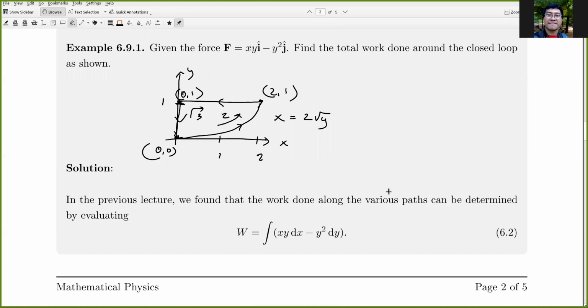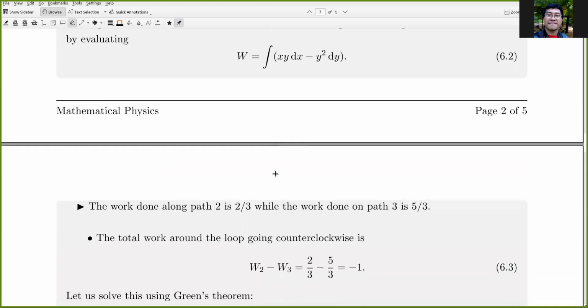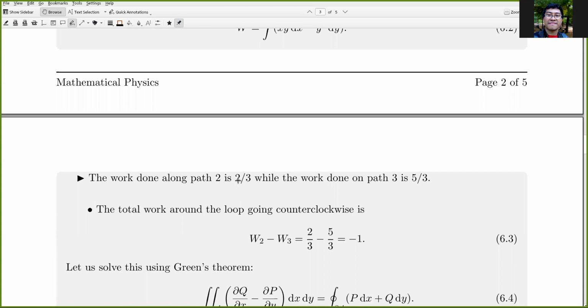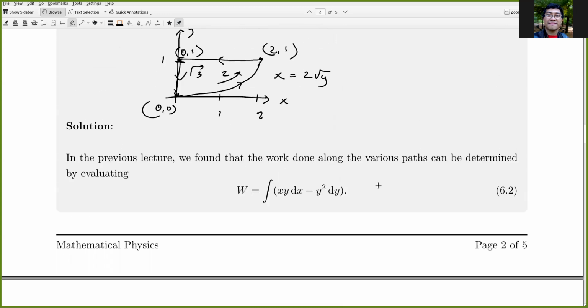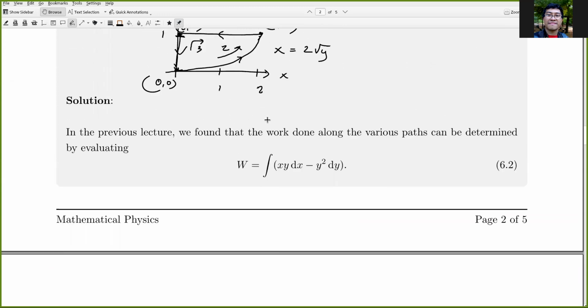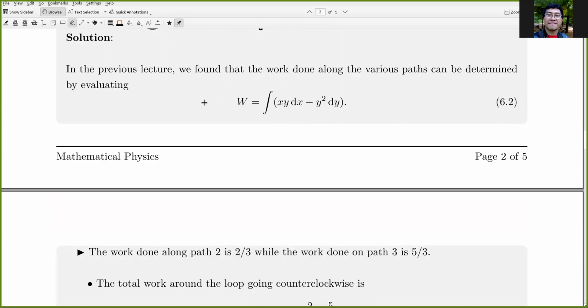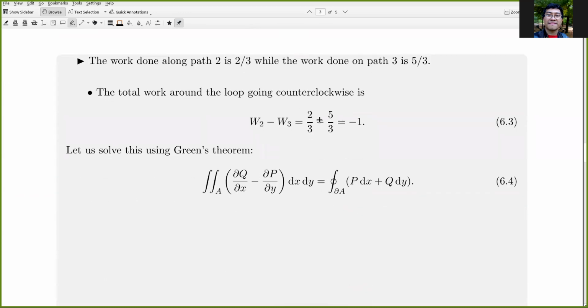In the previous lecture, we found the work by evaluating this, but only from 0, 0 to 2, 1. The work done on path 2 is 2/3. The work done on path 3 is 5/3. So counterclockwise around this loop, you have the work done on path 2 minus the work done on path 3, negative because it's going in the opposite direction. So the answer is -1.